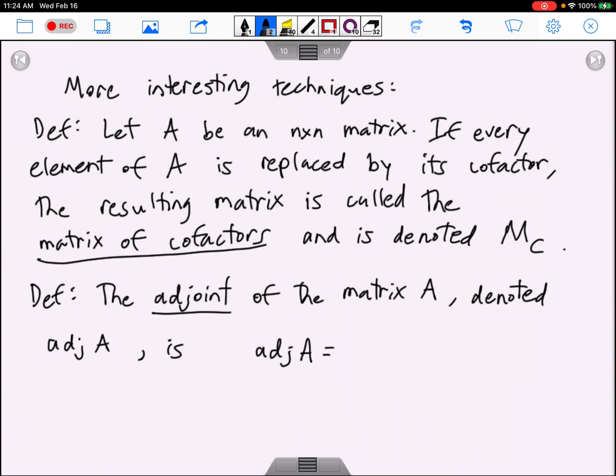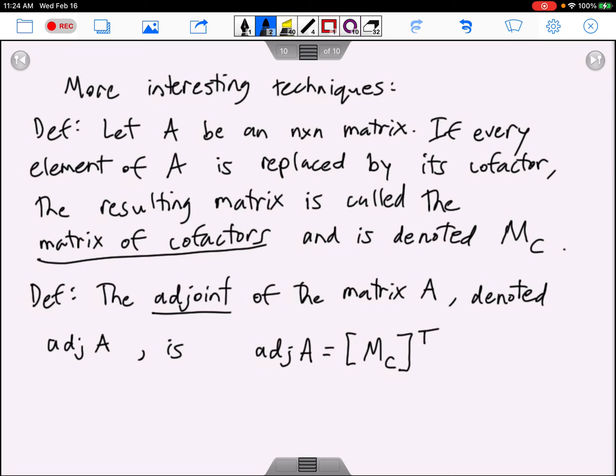So the adjoint of A is just the matrix of cofactors transpose. So you find the matrix of cofactors and then you find the transpose of that matrix. This seems like a super arbitrary definition, okay? However, one interesting thing that comes out of this is this gives us another way of finding the inverse of a matrix.